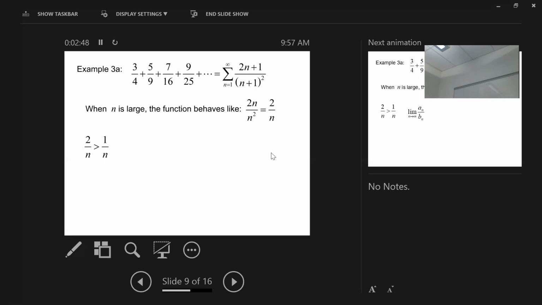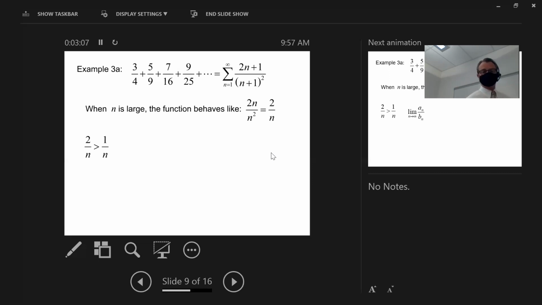So in this case, we compare it. What do you got here? It's growing without bound. You're going to get 2 over n, which is larger than the harmonic. The harmonic, think about those dots.